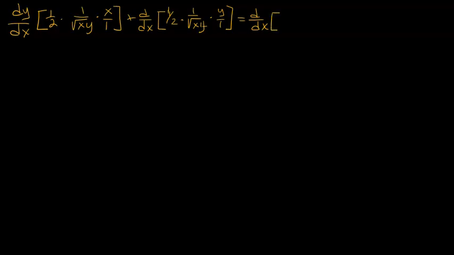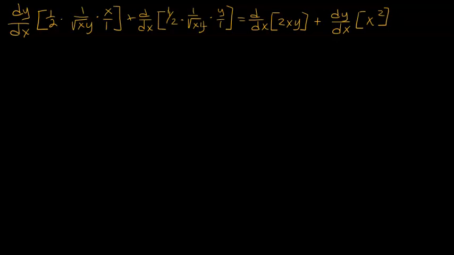What was it? 2xy plus dy dx x to the second. And we left out that 0.